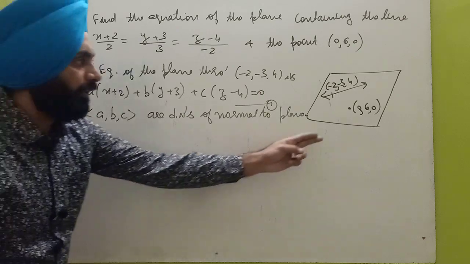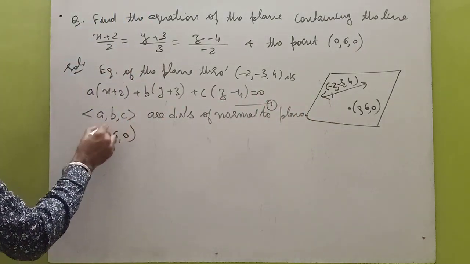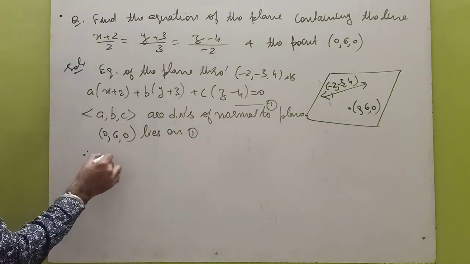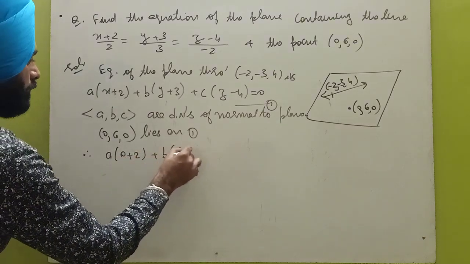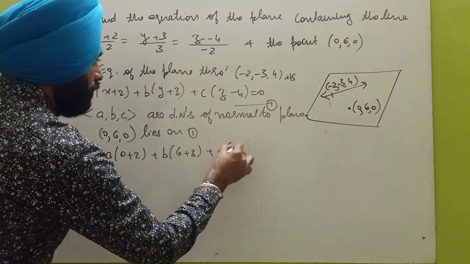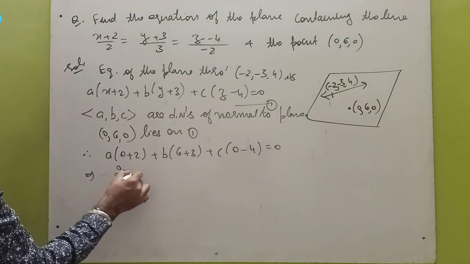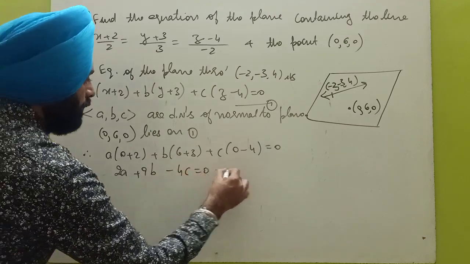Now again, point (0, 6, 0) lies on this plane. It lies on number 1. Therefore a into (0 plus 2) plus b into (6 plus 3) plus c into (0 minus 4) equal to 0. So the equation is 2a plus 9b minus 4c equal to 0. Number 2 equation.